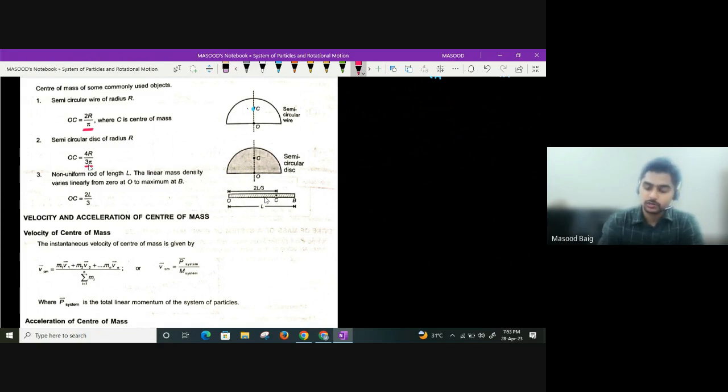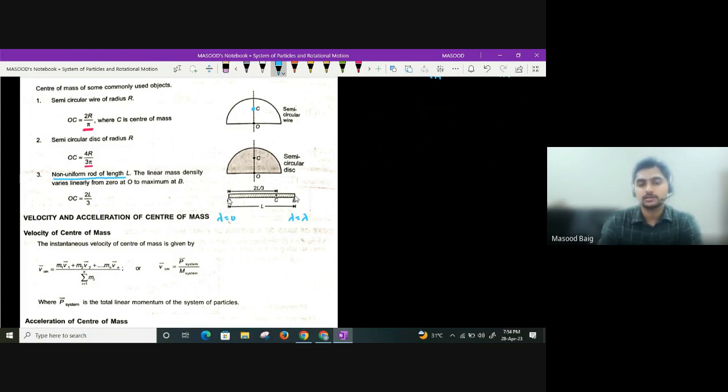If you take a uniform rod, guys, where will the center of mass be? Exactly at the center. But here we have taken a non-uniform rod. For a non-uniform rod, how much is the linear mass density here? 0. How much is the linear mass density here? Maximum, let us take it as lambda. So here it is linearly changing, guys. If linear mass density is 0 here, can I say mass is 0?